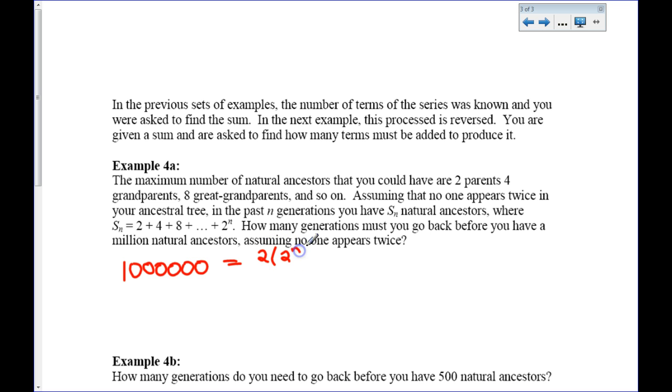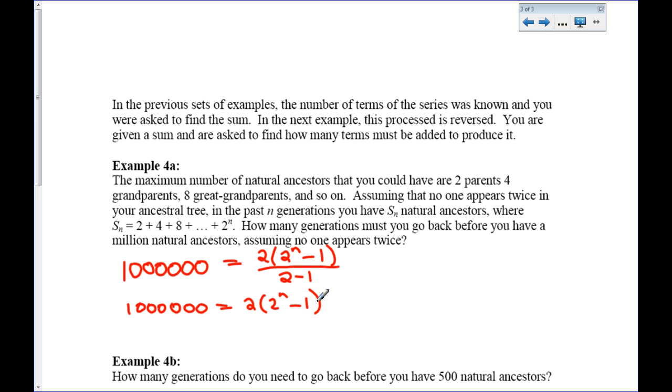And we're going to have that to the nth power minus 1 all over 2 minus 1. So what's 2 minus 1? 1. So basically the denominator drops out. So we are left with 1 million equals 2 times 2 to the nth minus 1.